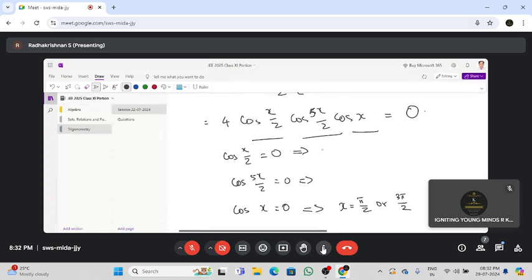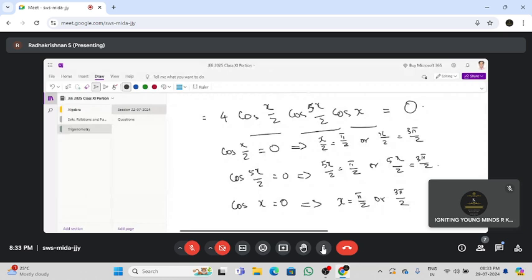Here x by 2 equal to pi by 2 or x by 2 equal to 3 pi by 2. Here 5x by 2 equal to pi by 2 or 5x by 2 equal to 3 pi by 2. These are the 6 different values you are getting.